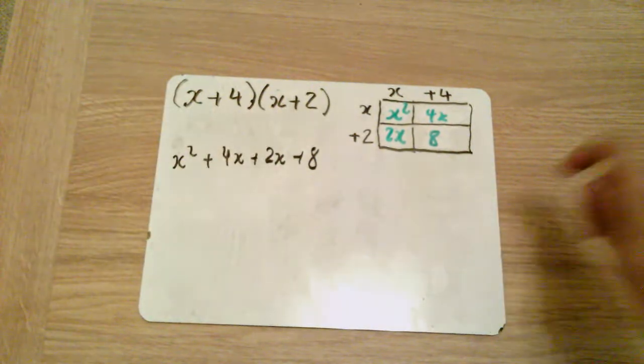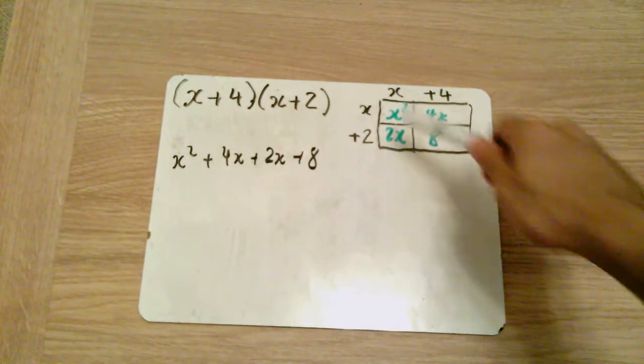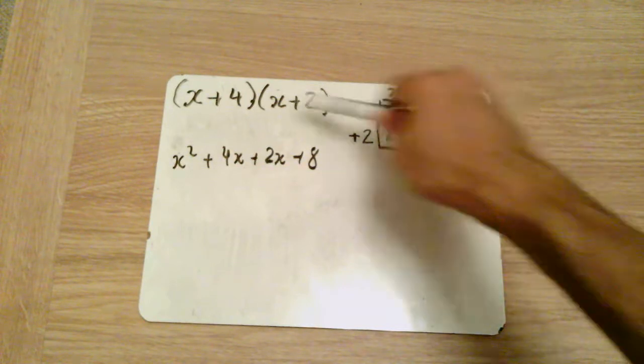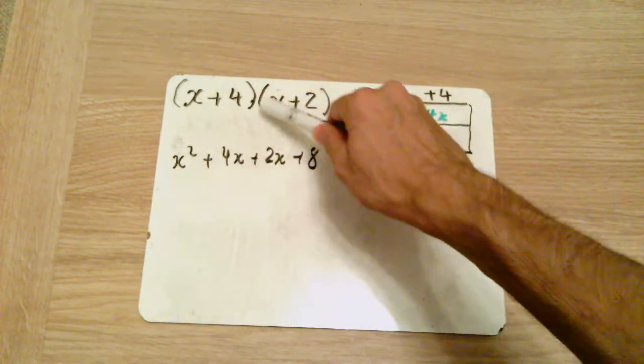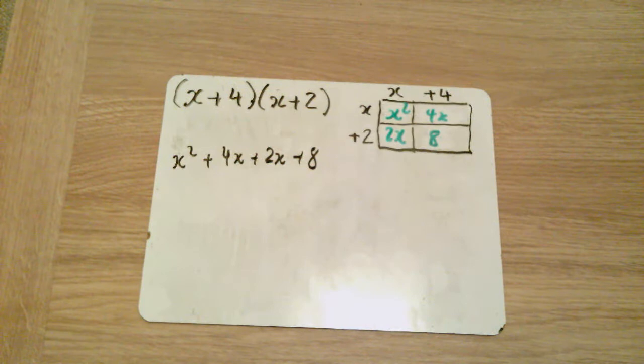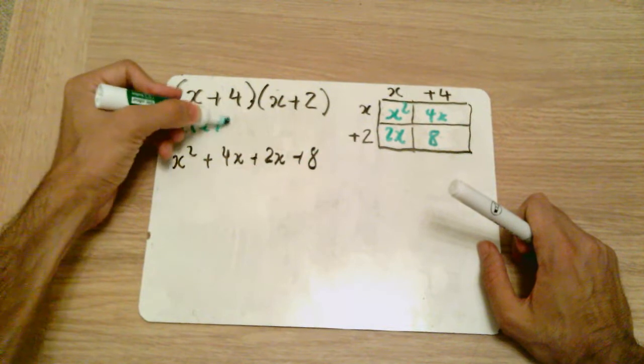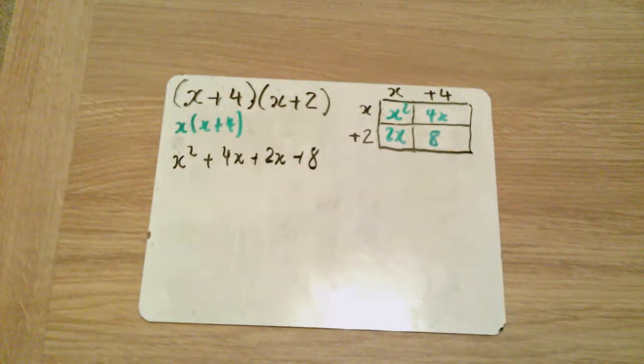Now, some of you may notice that this x squared plus 4x is simply x plus 4 times by x, or x plus 4 just times by the x. I can write this down as x brackets x plus 4, and I'll come back to that a little bit later because it's very, very important for what we'll be doing momentarily.